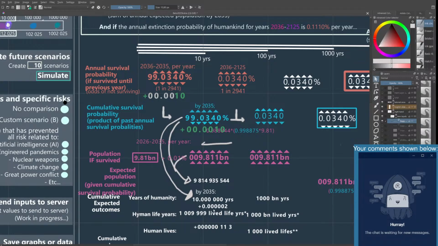Is it a steady growth in percentage terms, or a steady growth in equal number of people per year?